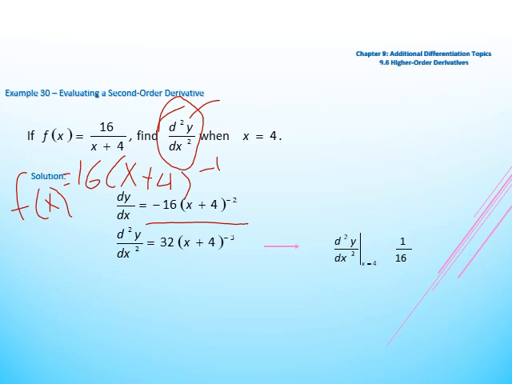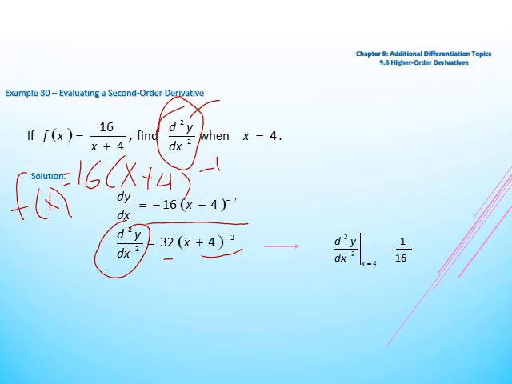So we can get it in this form: 16 times x plus 4 to the power negative 1. Getting the first derivative equal to negative 16 times x plus 4 to the power negative 2, and then the second derivative equal to 32 times x plus 4 to the power negative 3.